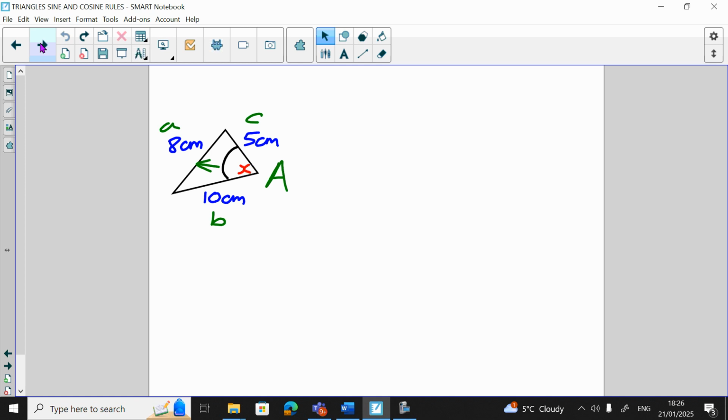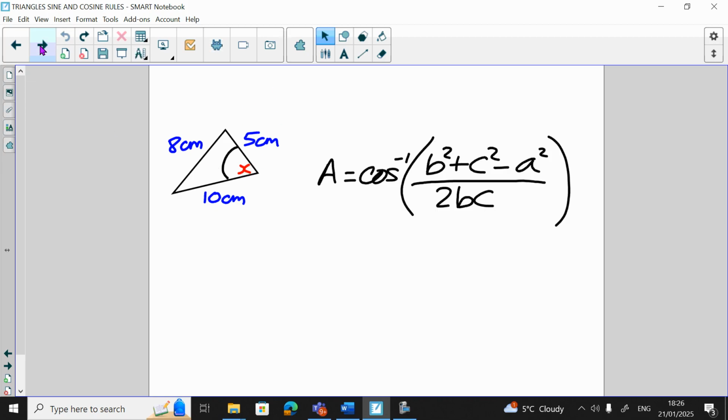So look at my new labeling system here. Big A is the angle I'm looking for, so that's automatically small a. B and C, it doesn't matter what they are. Okay, it'll still work out the same. So there's your general formula there. Again, halt the video if you want to take your time.